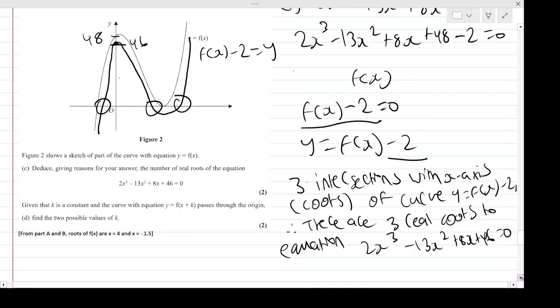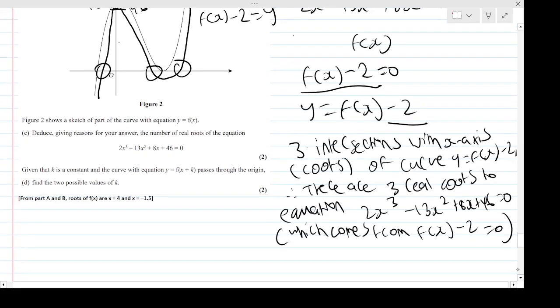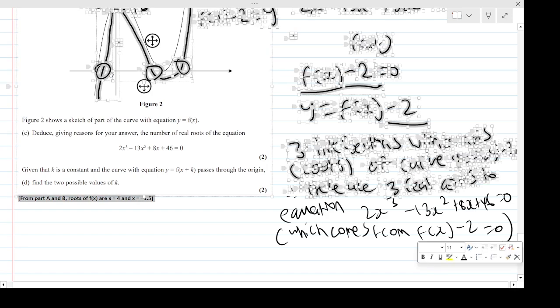And that comes from f of x minus 2 equals 0, okay? That's where that equation comes from. So the number of real roots to the curve drawn here, f of x minus 2, corresponds to how many roots there are to this equation, basically. So I'm just being a bit precise. Anyway, cool. Hopefully that makes sense.